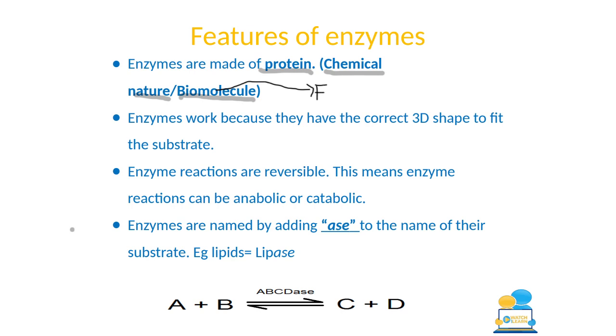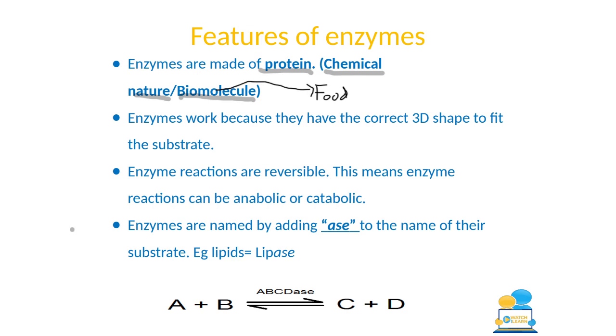So this is the type of food from which enzymes are made of, which is your protein. So within the food chapter and biomolecules, you would have looked at our carbohydrates, protein, your lipids, etc. So when they ask you to name the biomolecule from which enzymes are made, essentially what they're asking is what type of food are enzymes made of, which again, we know our answer is protein.